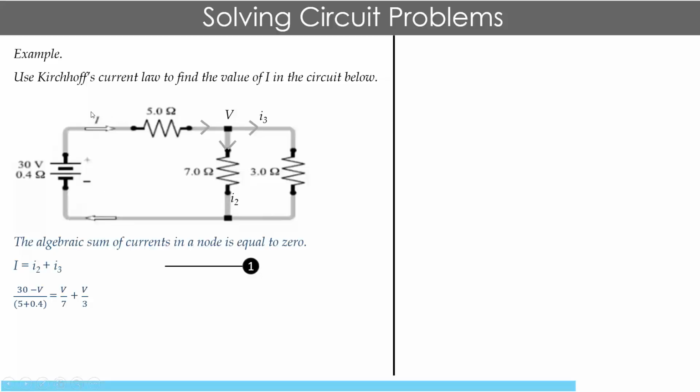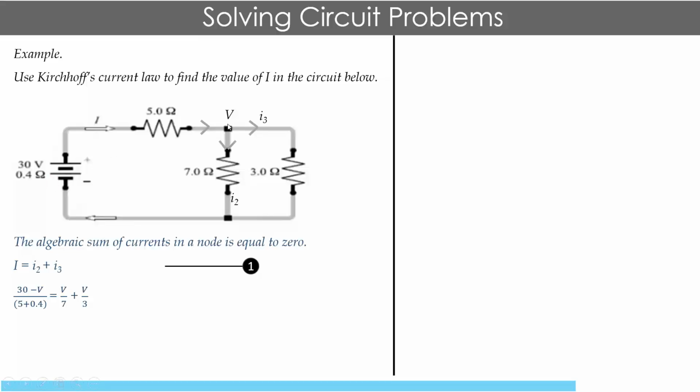So what is I? The current I is equal to the sum of voltage drop across this resistor and the internal resistance divided by the series combination. So I is equal to 30, the voltage drop across here.